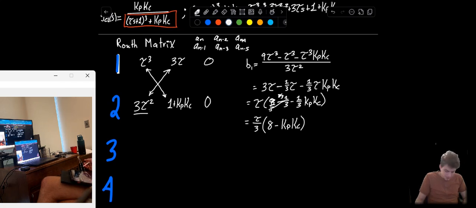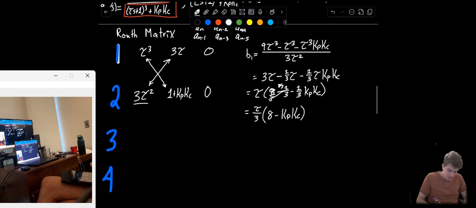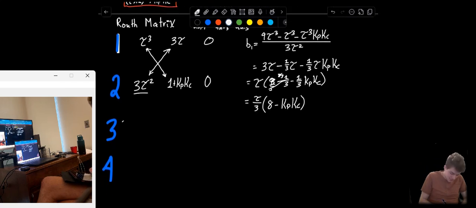And that's going to be our b1 term: tau over 3, 8 minus kp kc.